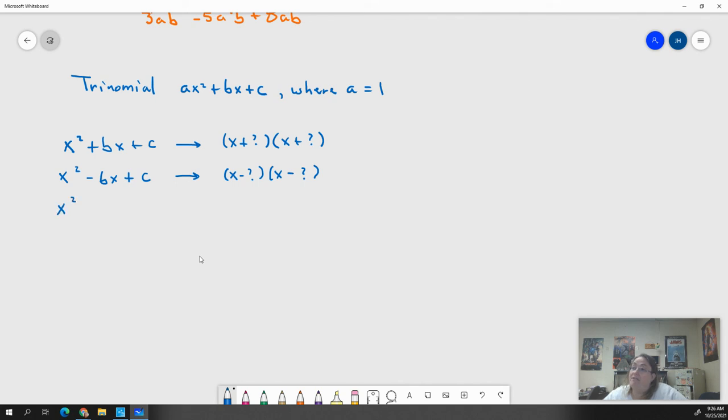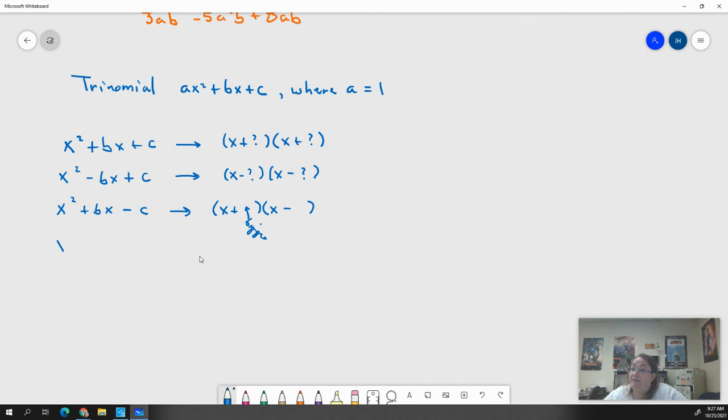If I have x squared plus bx minus c, I'm going to have a factor that's x plus something times x minus something. The bigger factor will be positive. So what if I say, I don't know, this one would be the bigger factor, right?